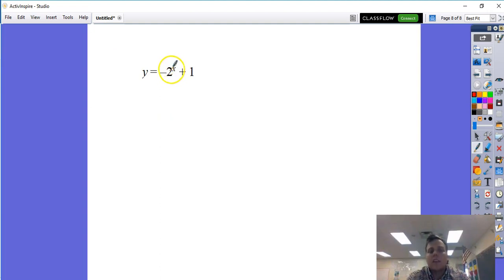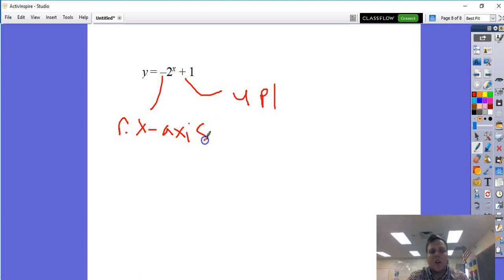So that means this base of 2 does nothing as far as transformations are concerned. The only things that do transformations are this negative sign and this plus 1. This plus 1 is outside the function, so it means up 1. This negative is multiplying the base, so it's a reflection across the x-axis. And bam, that's all you needed. That is all the transformations for problem 6, okay?